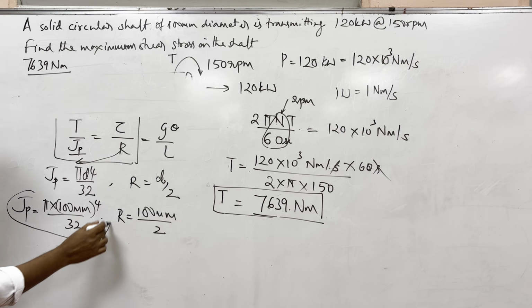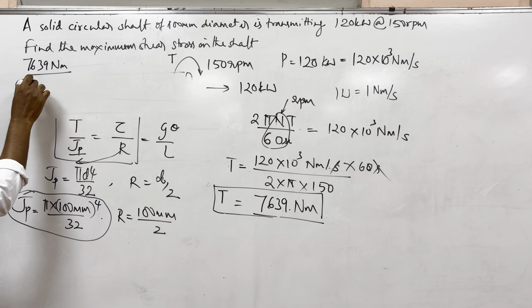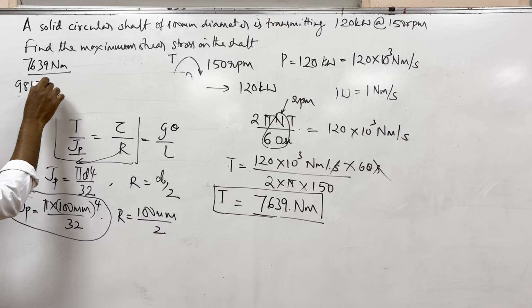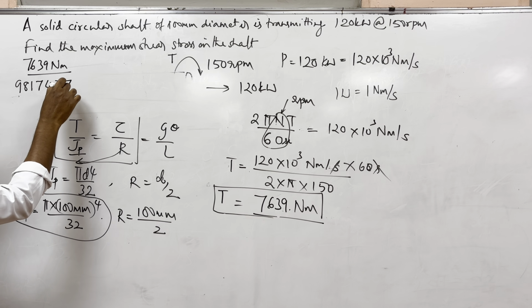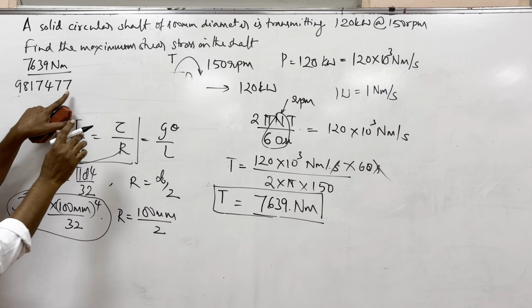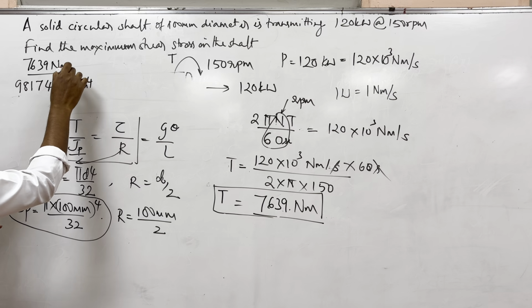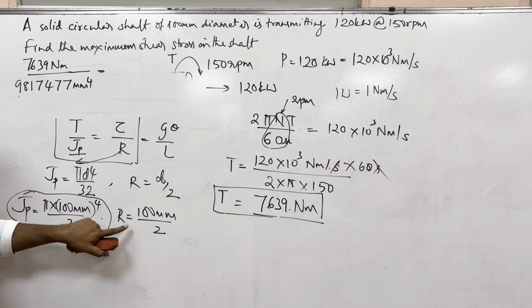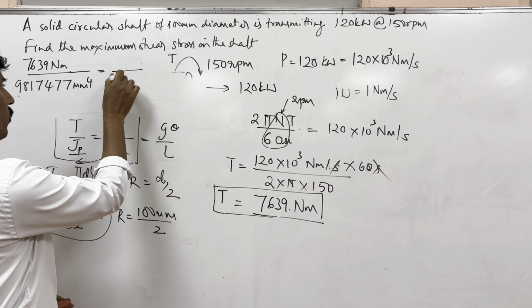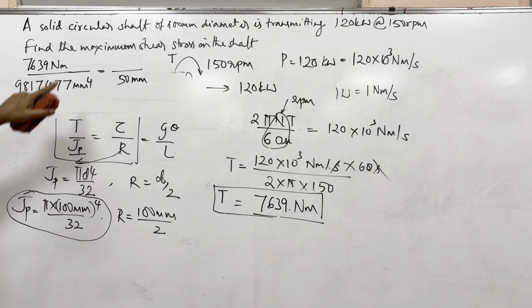Any answer that you got for this? 9817477.04, okay, leave it, no issues, millimeter to the power of 4. What about this? 100 divided by 2, that is 50 mm.